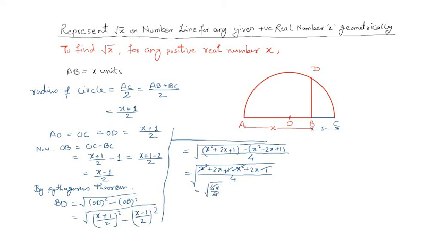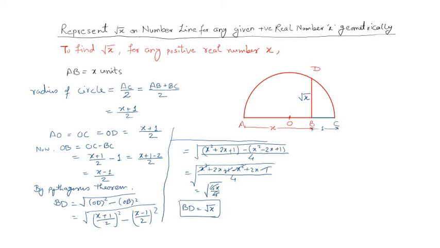This 4 cancels out. So we can say this BD is equal to the square root of x. Now we have calculated this BD and that will be equal to the square root of x. We have located that this distance is square root of x and x is given.